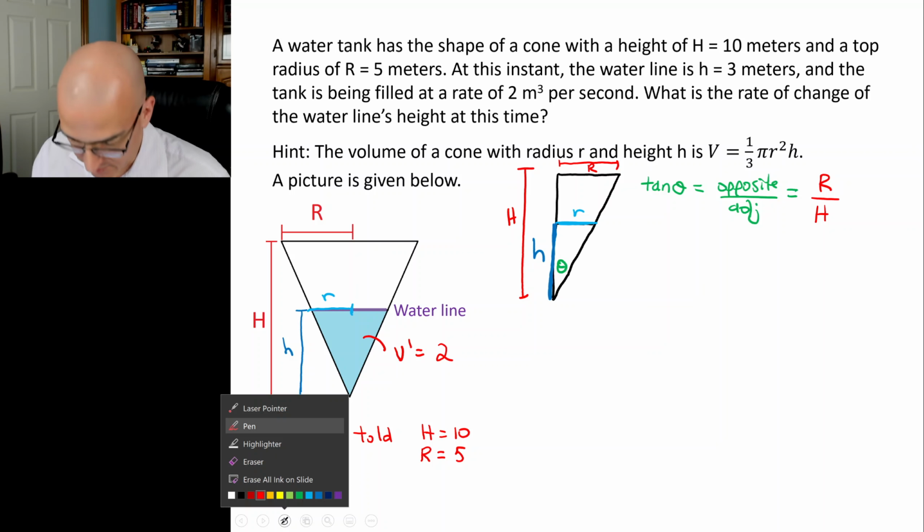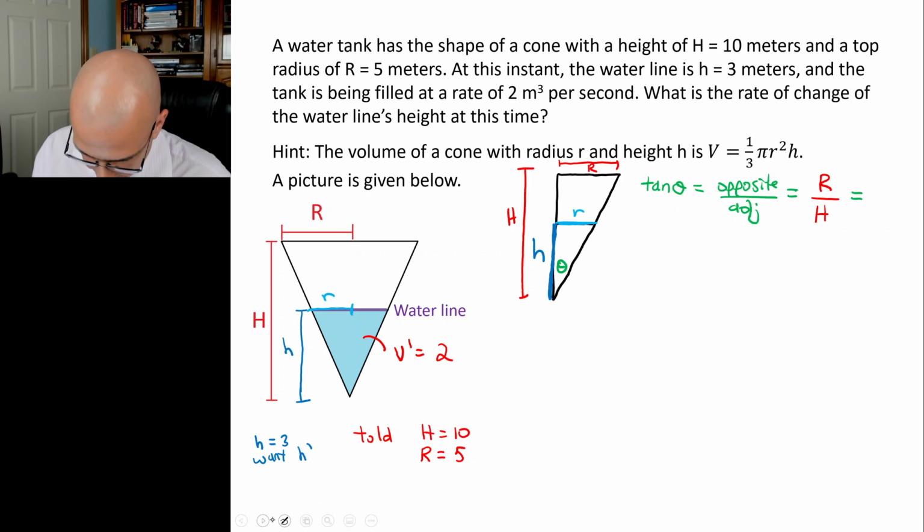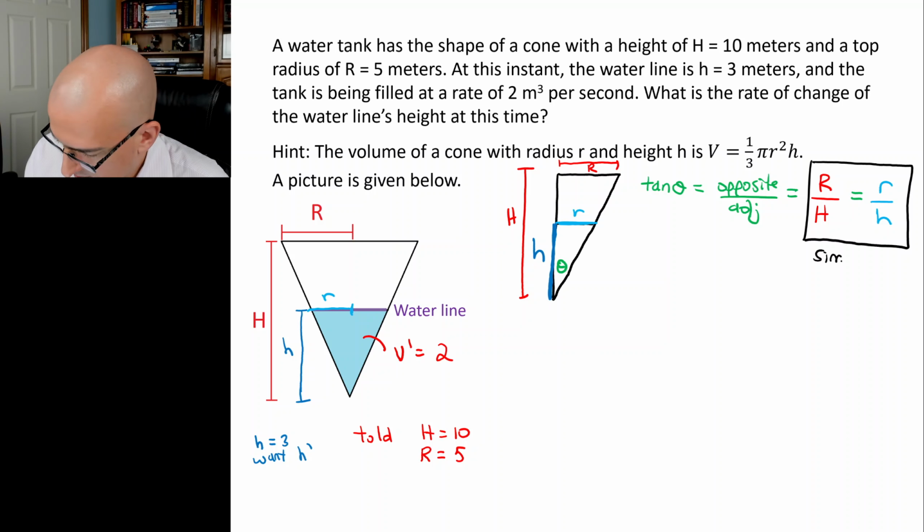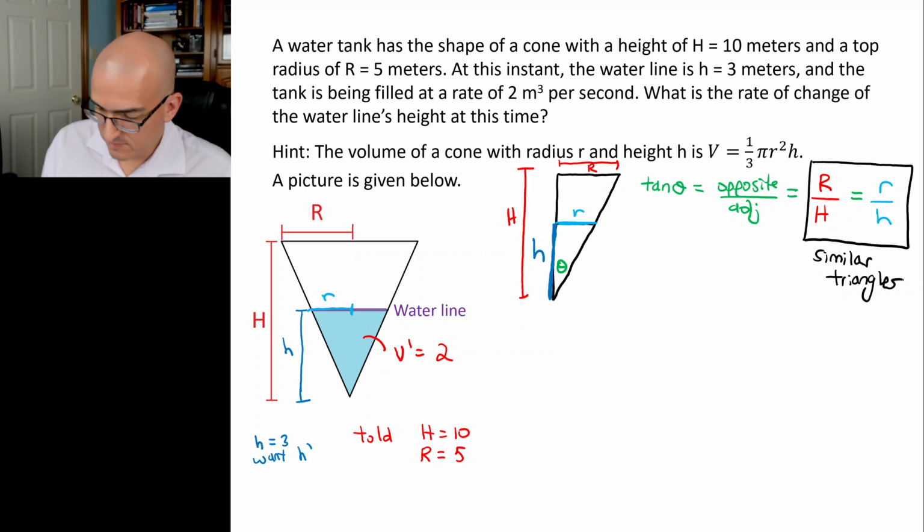Let's also look at the little triangle. It's also equal to little r over little h. Maybe I won't erase it. Maybe I'll leave it. We don't need it. We just need this. This is similar triangles. That's kind of a proof of it.